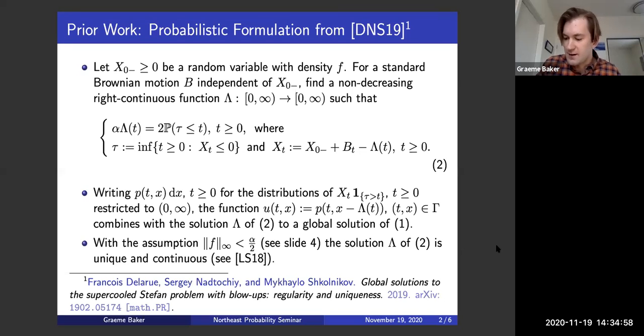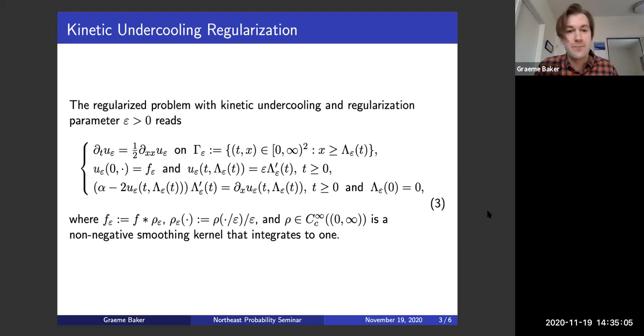Okay, so this is the limiting problem, and now we look at our regularized problem. U sub epsilon is going to be the regularized solution. We're still looking at the heat equation in this domain here, and our regularized boundary is lambda epsilon.